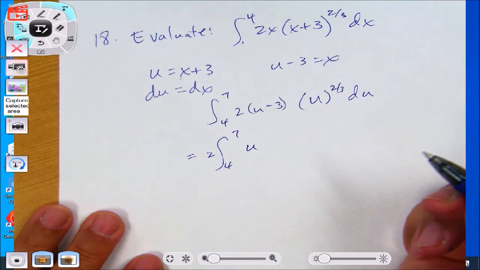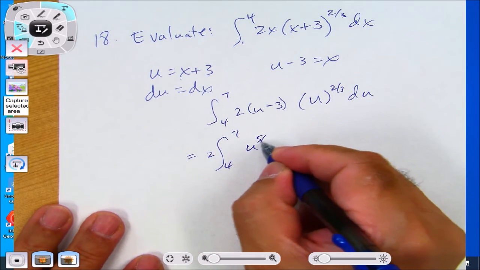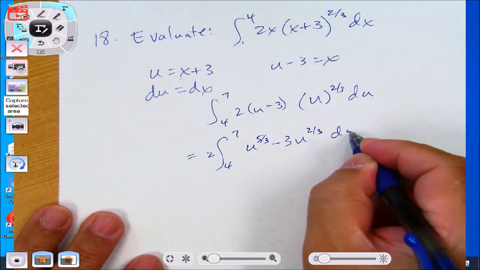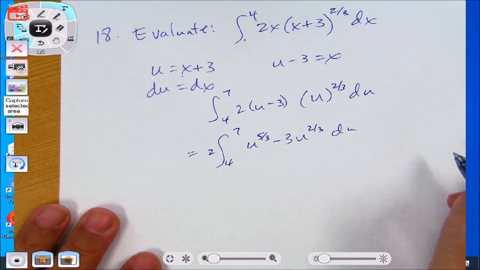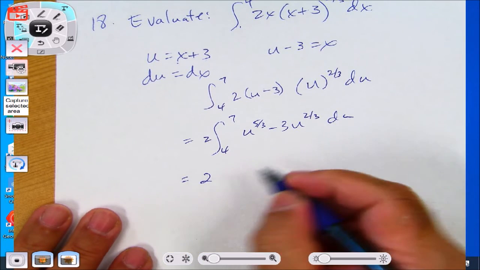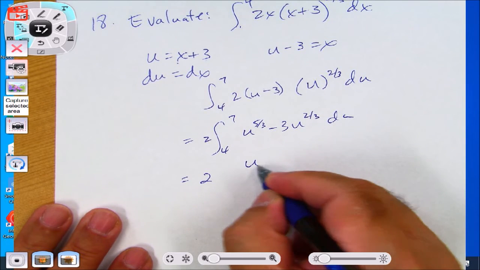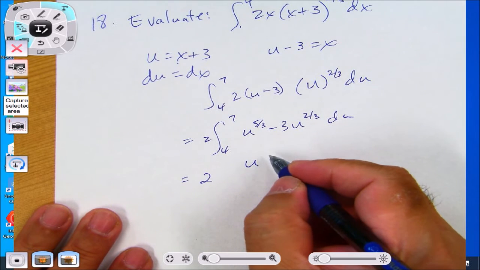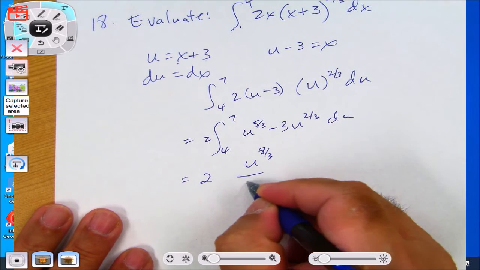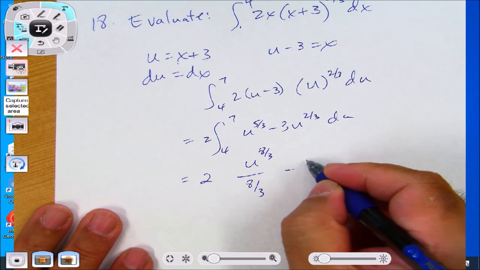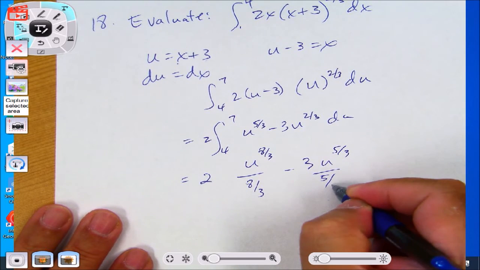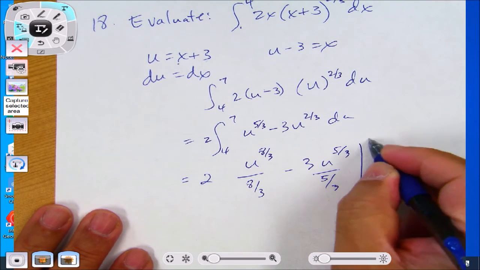So the u to the 5/3 minus 3u to the 2/3 du. Right? So that's 2 u to the 8/3, is that right? Yep. Divided by 8/3 minus 3u to the 5/3 divided by 5/3, taken from 4 to 7.